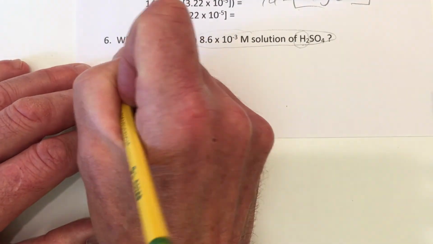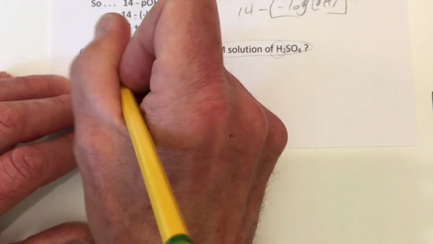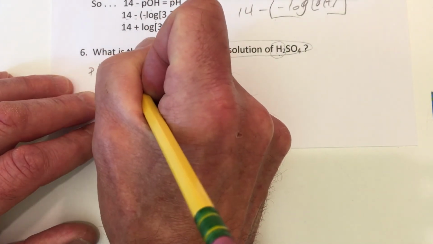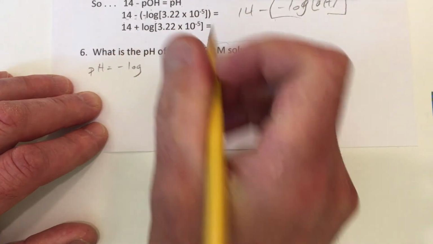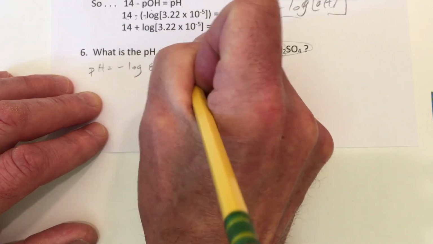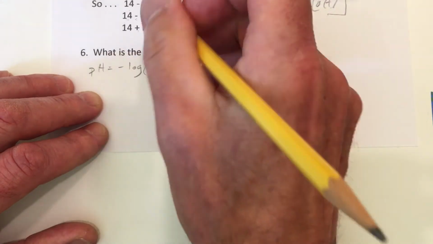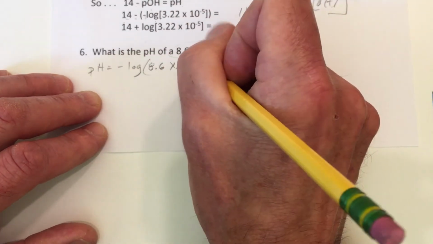We can do pH equals negative log of 8.6 times 10 to the negative 3. Remember, that's going to be in parentheses.